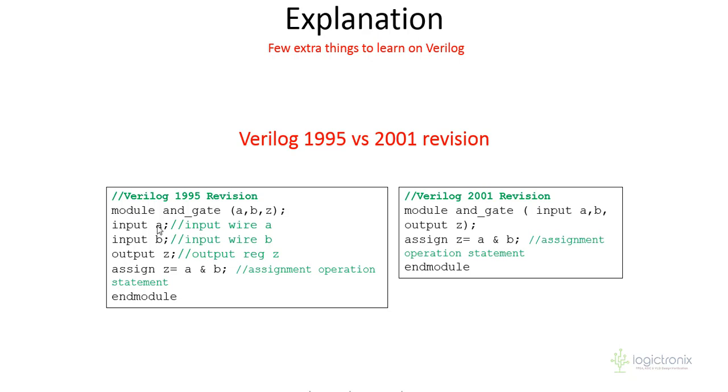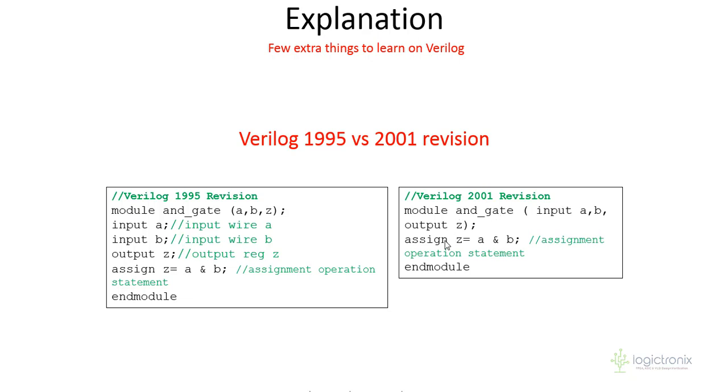Verilog 95 consists of the module name, ports, and orientation of ports separately, while the 2001 revision has the module name and ports with orientation in the same line. So we don't need the other extra lines, which reduces the length of the module instantiation.